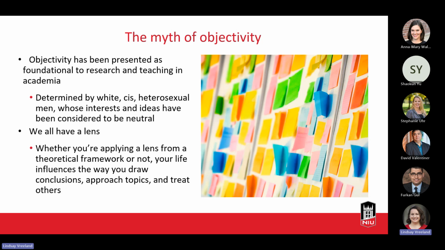We can never really be fully objective. So while research has been presented as, like, we need to be objective, we need to be able to zoom out and look at the things that we're studying with clean eyes, that's not going to happen. We're always going to have influences and biases and moments of authority over the things that we're looking at that are going to impact the way that we view what we're doing in every space.